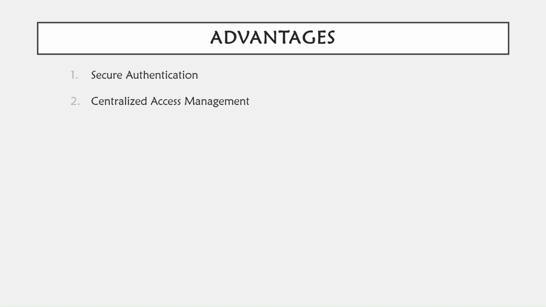You can manage user permissions across multiple AWS services from a central location, streamlining security management. And we have integration with other AWS services. It integrates with all AWS services, enabling management of permissions and access control across your entire AWS infrastructure.